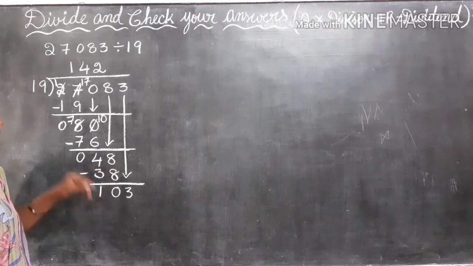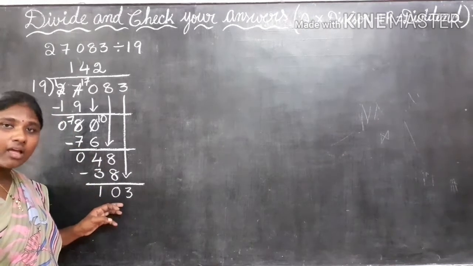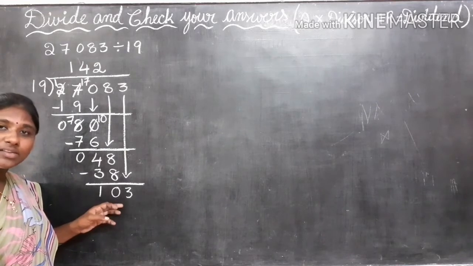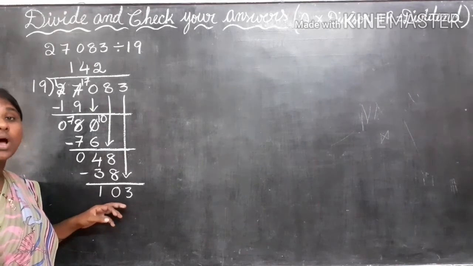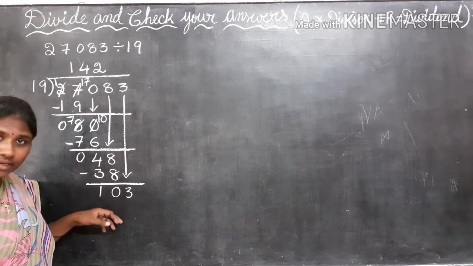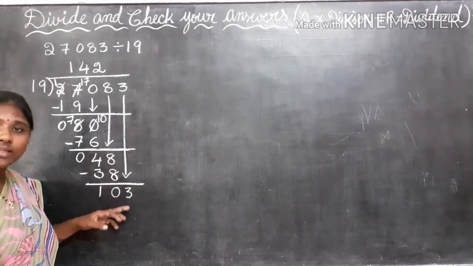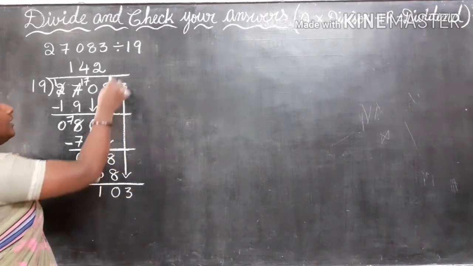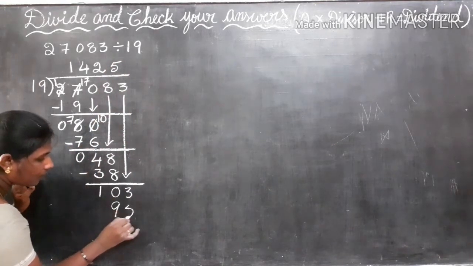Now 103. 19 ones are 19, 19 twos are 38, 19 threes are 57, 19 fours are 76, 19 fives are 95, 19 sixes are 114. But 114 is more than 103. So we have to take 19 fives are 95.